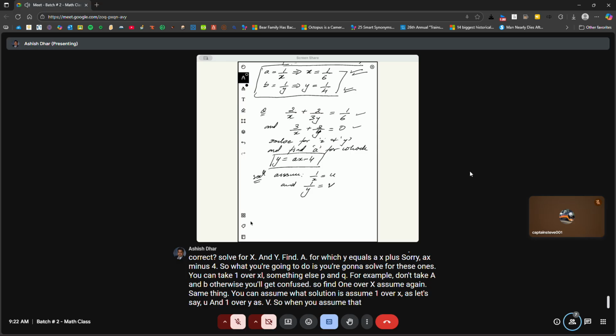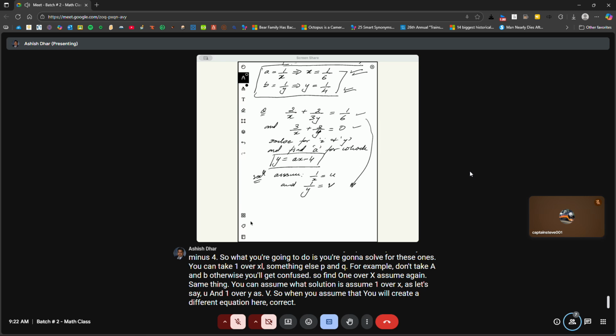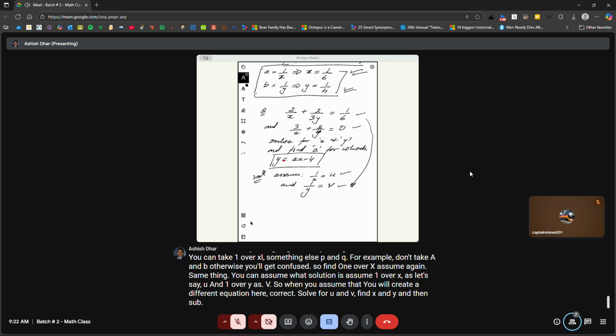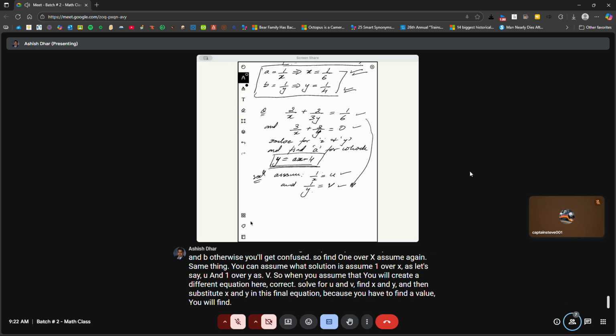When you assume that, you will create a different equation here, correct? Solve for u and v, find x and y, and then substitute x and y in this final equation, because you have to find a value. You will find y, you will find x, and then you will find a by solving for these two.